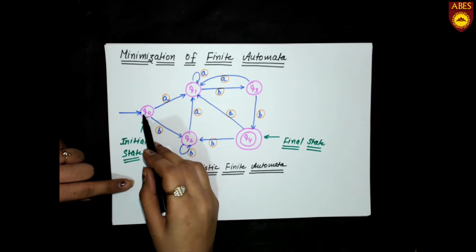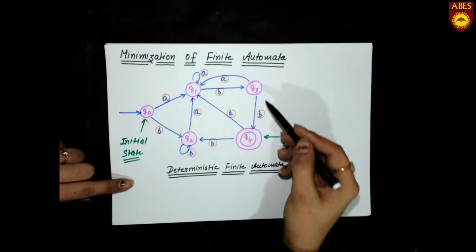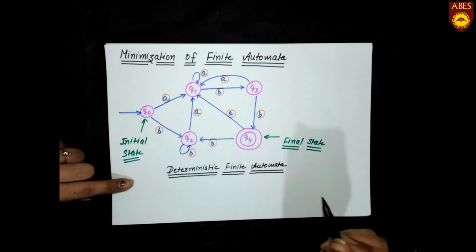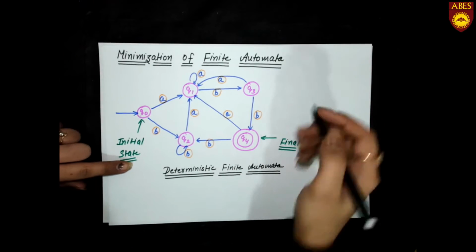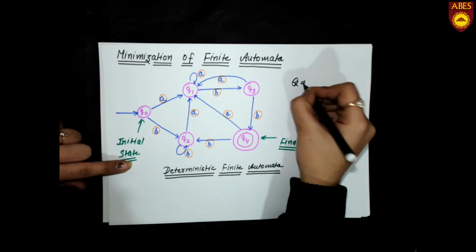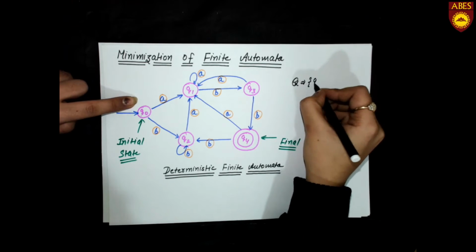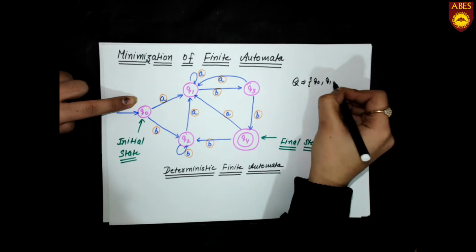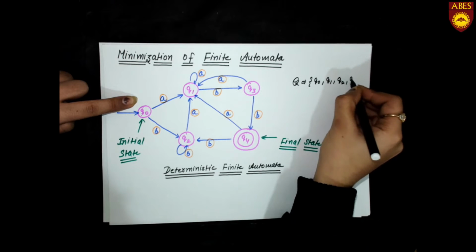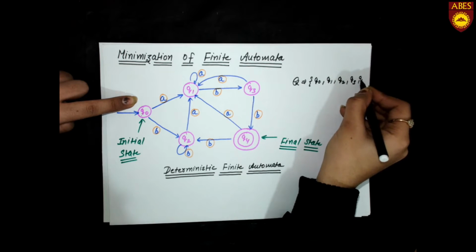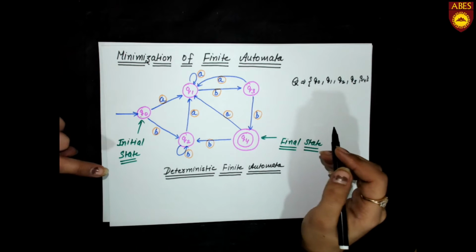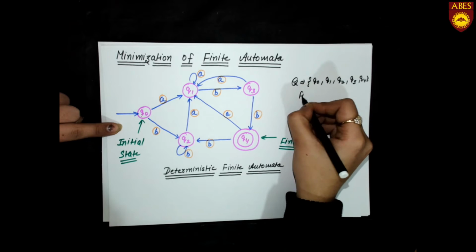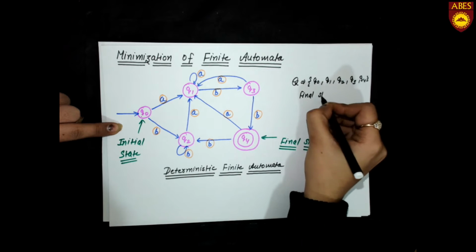First, these are Q0, Q1, Q2, Q3 and Q4. These are the various states. In case of automata, we have a state set that is Q. It contains Q0, Q1, Q2, Q3 and Q4. Here, the state set is divided into two parts, final state and non-final state.